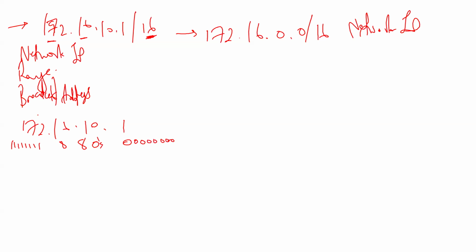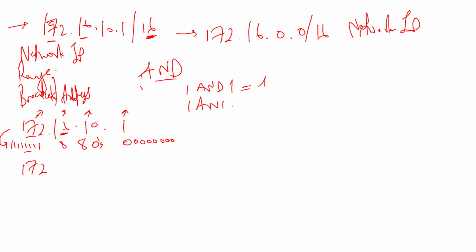Then I put 172 in binary, 16 in binary, 10 in binary, 1 in binary. And if we AND 172 with 8 ones, we get that same value. When we say AND, this is basically what we did in logic gates: 1 AND 1 is 1, then 1 AND 0 is 0.